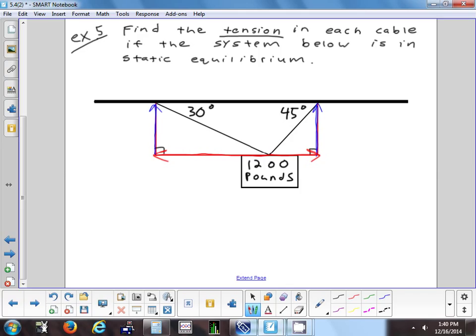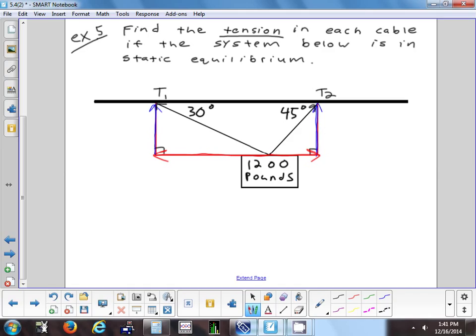So we just said that the black cable is pulling left and up. Let's call the tension in that cable T1. Think of that as the magnitude of the vector. How long is this black vector? That's the tension. The direction? Well, that's all these angles everywhere. And let's call this other cable T2.